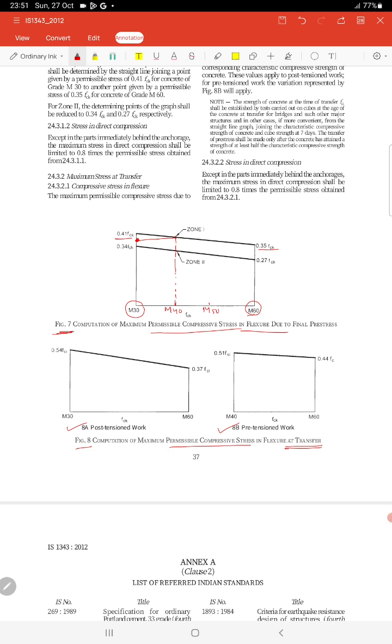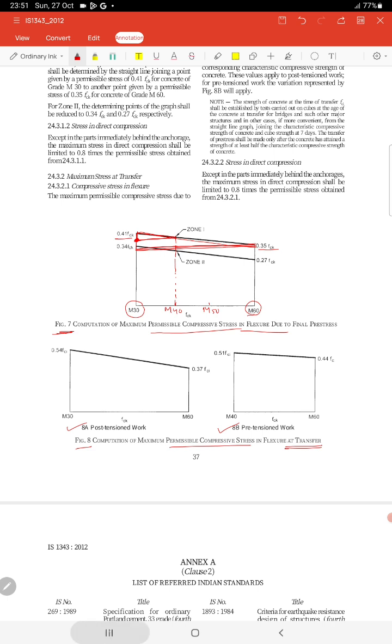From the similarity of triangles, if we consider these two triangles, this one and this big one, then you can find this value.